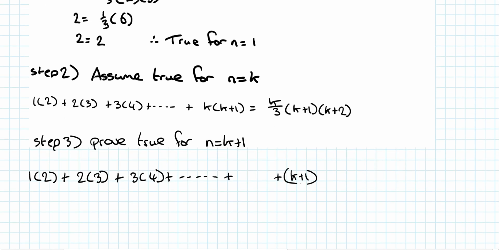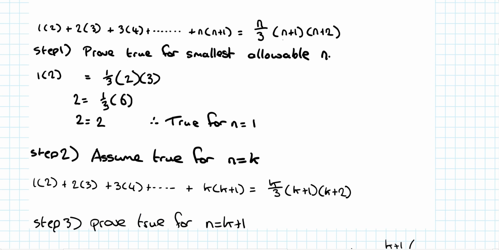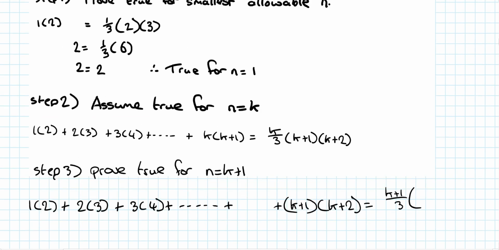So k plus 1, k plus 2. On the right hand side, if you go back, you'll find that it would be k plus 1 over 3. Here I'd have k plus 1 plus 1, which would be k plus 2. And this would be k plus 1 plus 2, which would be k plus 3.